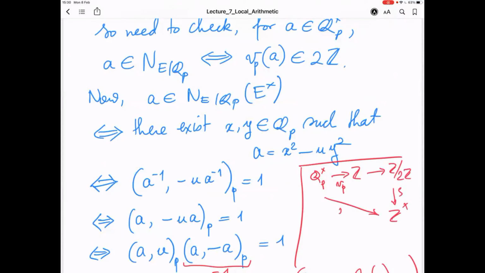And this was the map ν_p. So ν_p of x is +1 if v_p(x) is 0 mod 2, and ν_p(x) is -1 if v_p(x) is congruent to 1 mod 2.